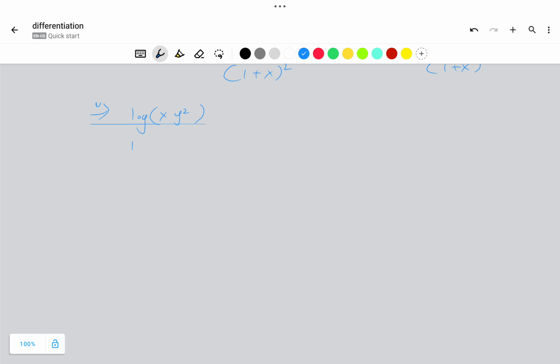Here, as we know, log of a plus log of b is equal to log of a into b. This we all know.